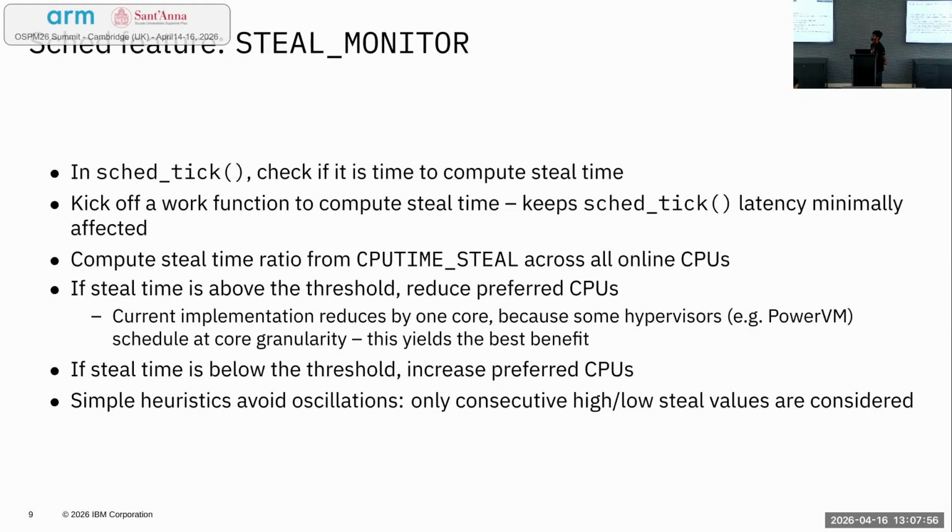I mean the threshold. It is not the total time, right? It is the total sum time across all CPUs in the guest. The steal time is, today, updated at tick level.